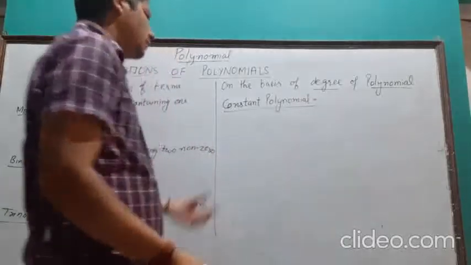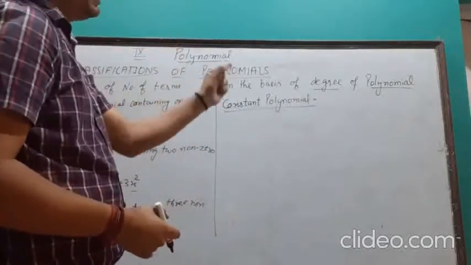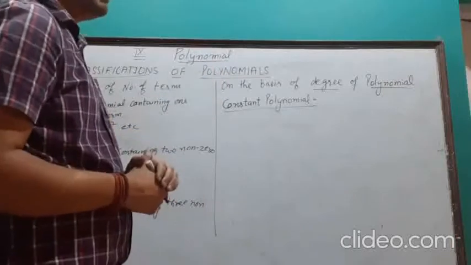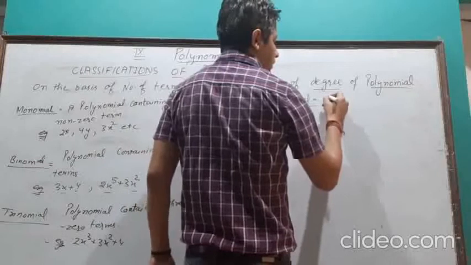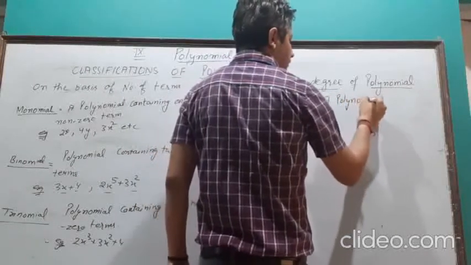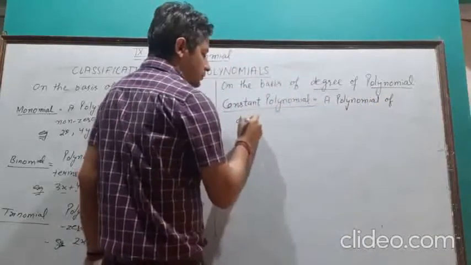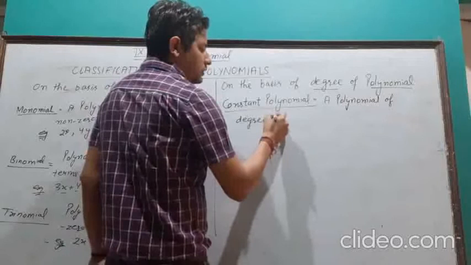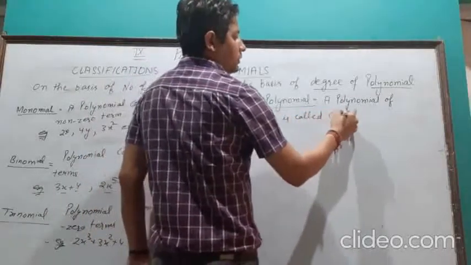From the word constant, we can find that the polynomial contains only one term which is constant. So, a polynomial of degree 0 is called constant polynomial.